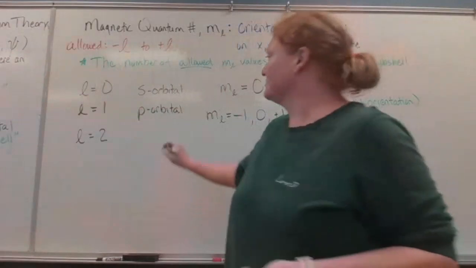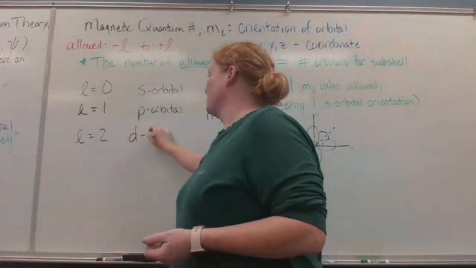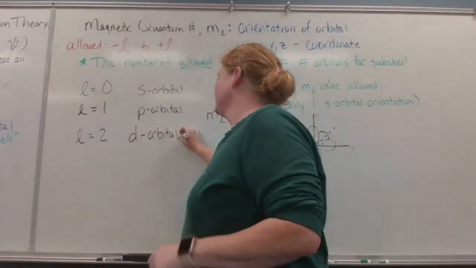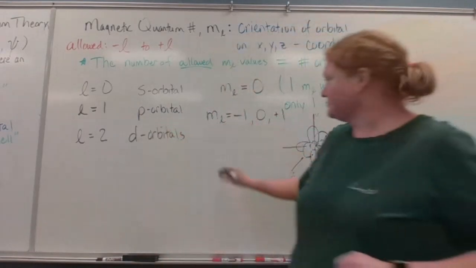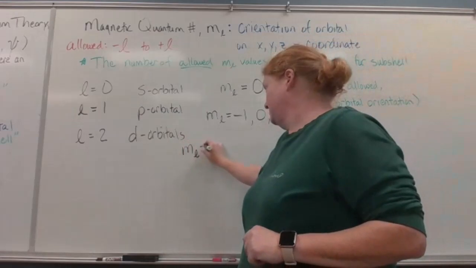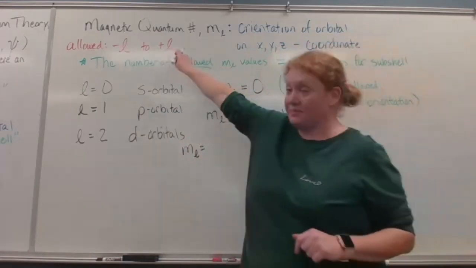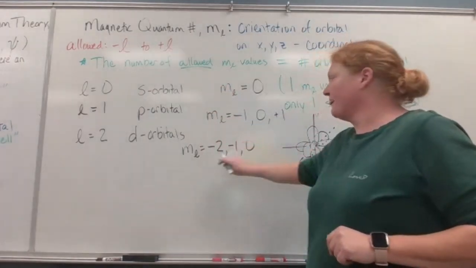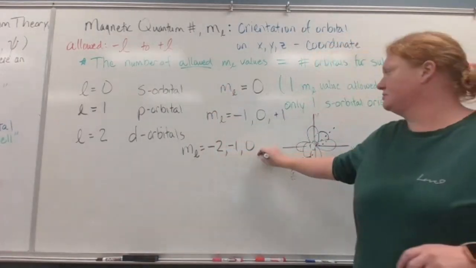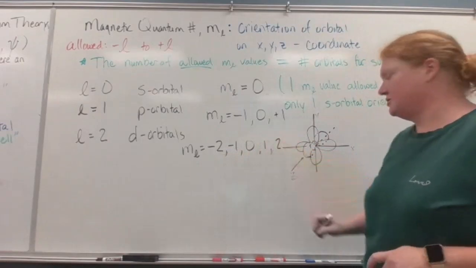What if you have L equals 2? I'm talking about d orbitals. What m sub L values are allowed? From negative L up to positive L: -2, -1, 0, +1, +2.